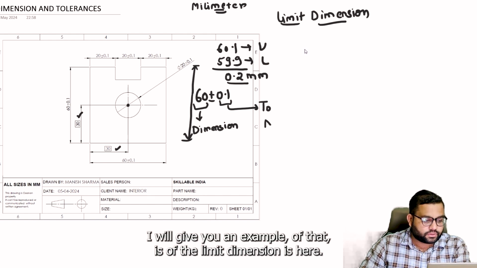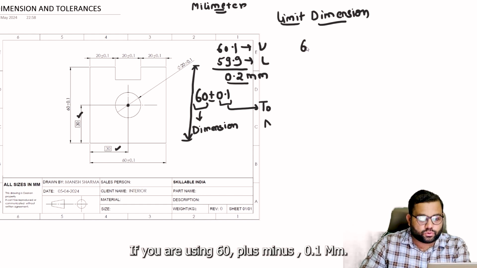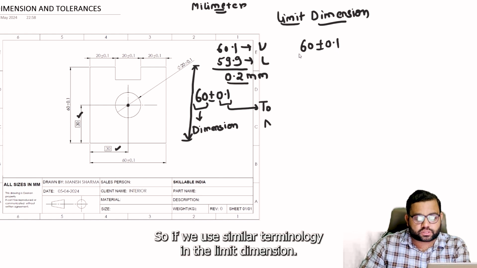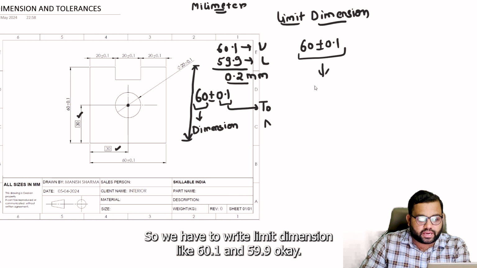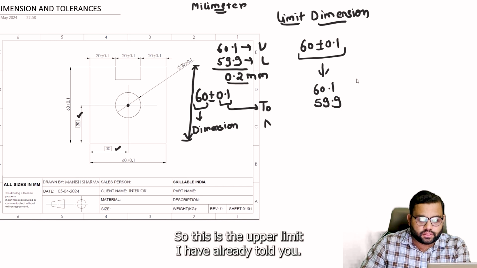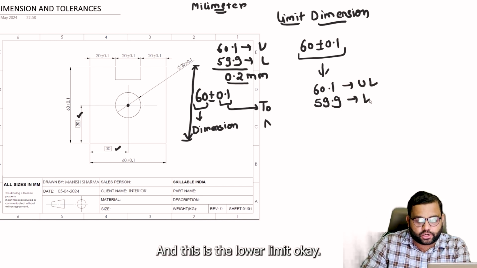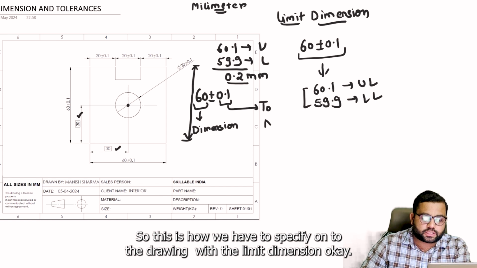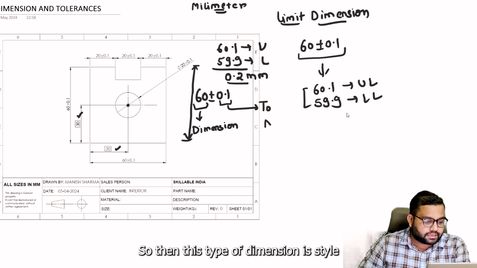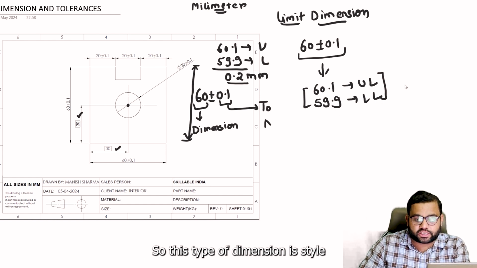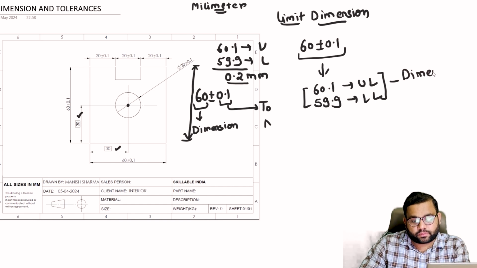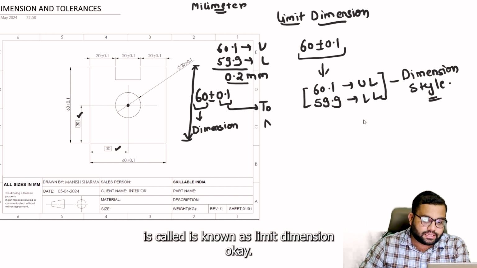If we are using 60 plus minus 0.1 mm, then using similar terminology in the limit dimension, we write 60.1 and 59.9. This is the upper limit, as I have already told you, and this is the lower limit. This is how we specify it on the drawing. This type of dimension style is known as limit dimension.